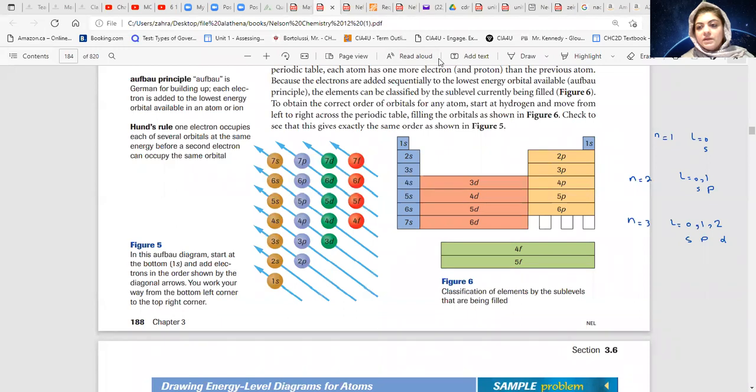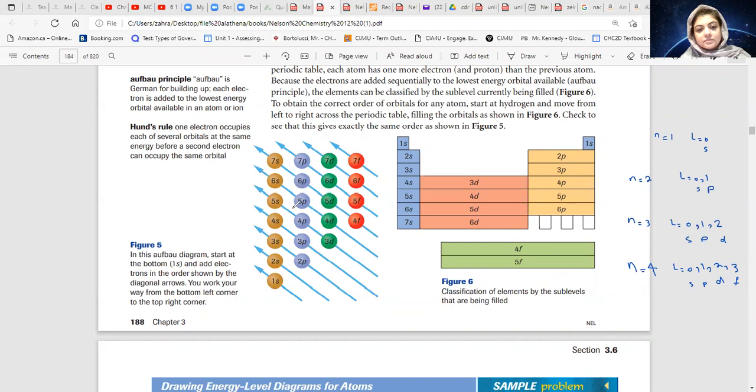The same way you can do it for N 4: L is 0, 1, 2, 3, S, P, D, F. In this textbook, they don't go beyond F. After that is G.